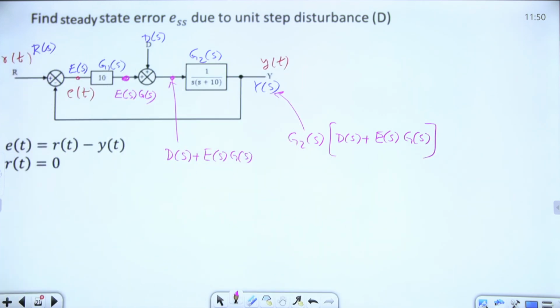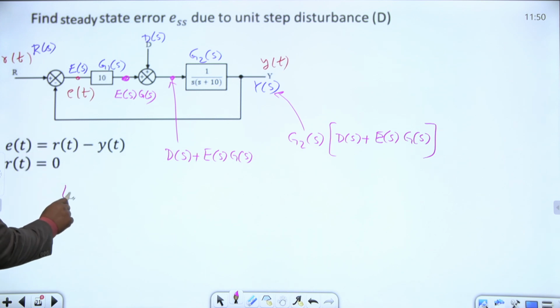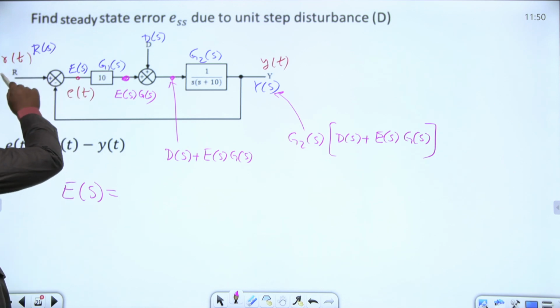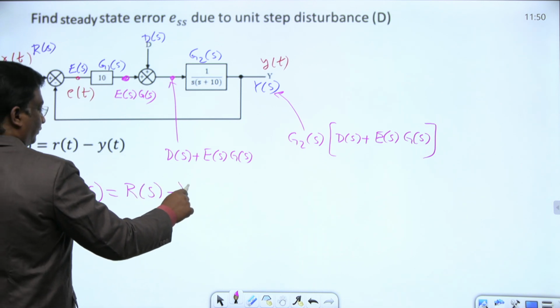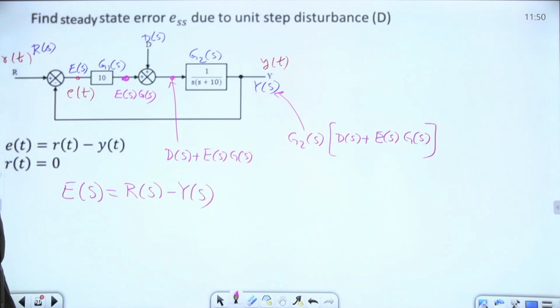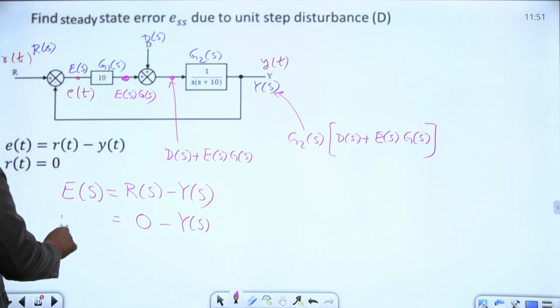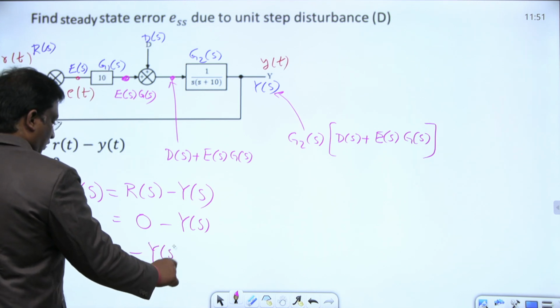Clear, everyone? Right, and now tell me, what is this error E of S? This error E of S is nothing but R of S minus Y of S, and the reference input is 0, so the Laplace transform is 0, with Y of S only. Therefore, this E of S equals minus Y of S. What is Y of S?